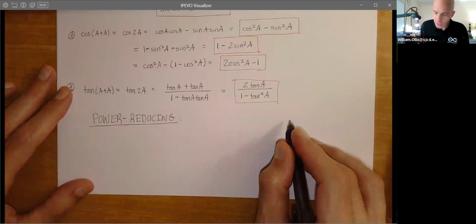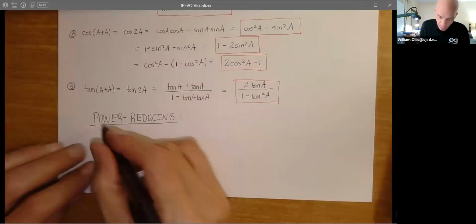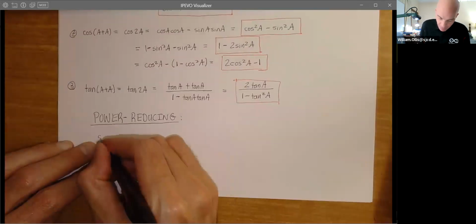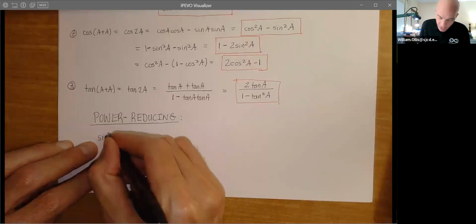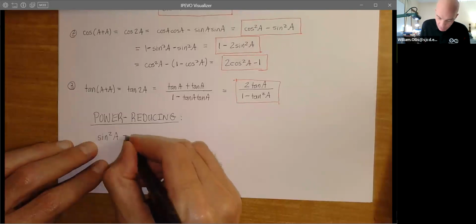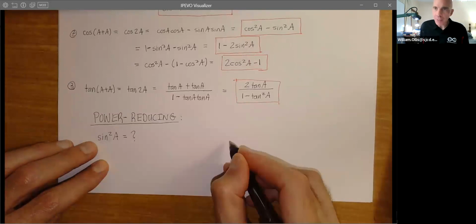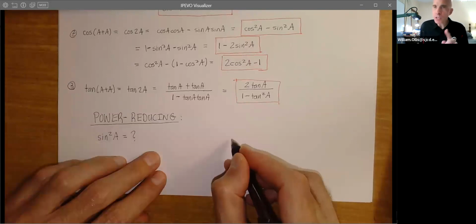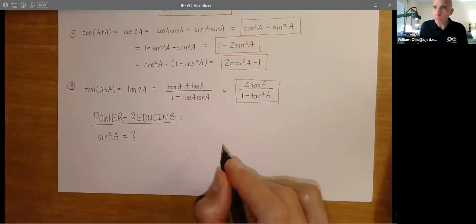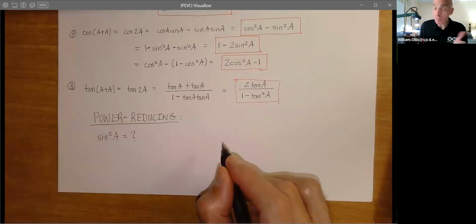Okay, so let's just write this down. What if we needed an expression for sine squared? We want to reduce the power of sine to a first degree power of something.